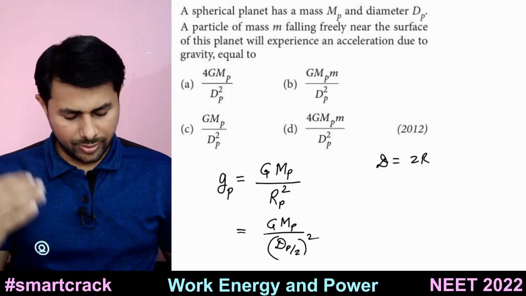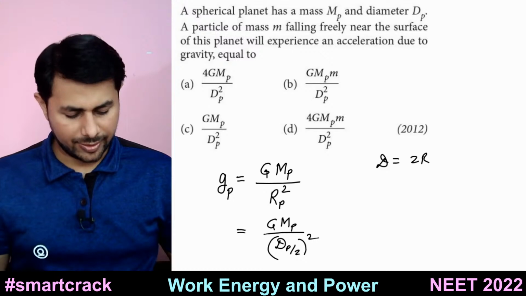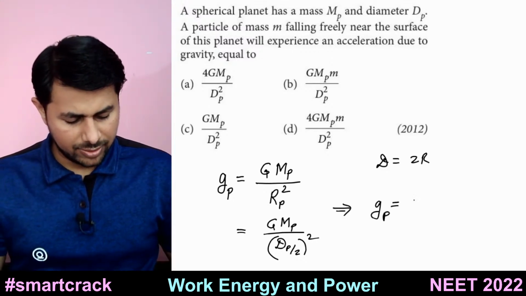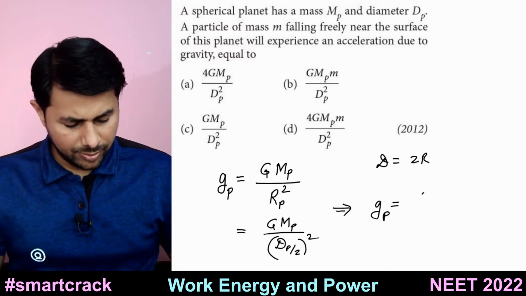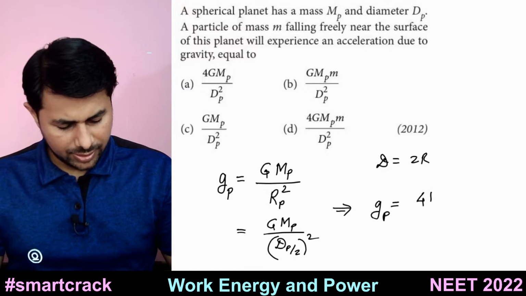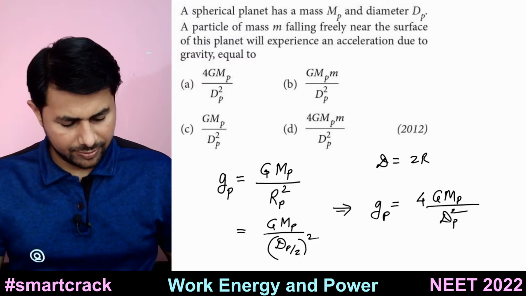So we have 2 square in the denominator of the denominator, so it will go into the numerator. That gives us g_P is equal to 2 square, which is 4, times G into M_P over diameter of planet square.